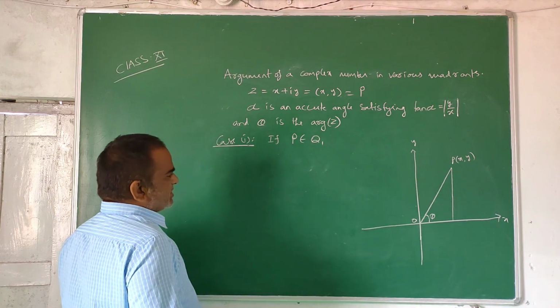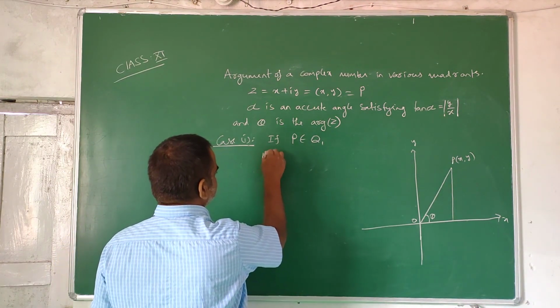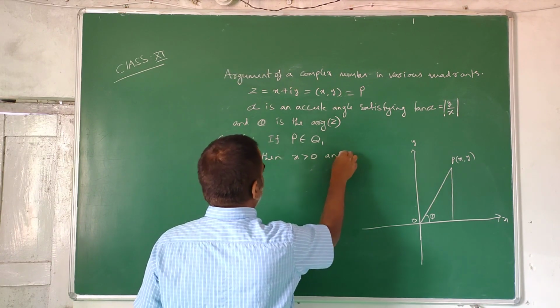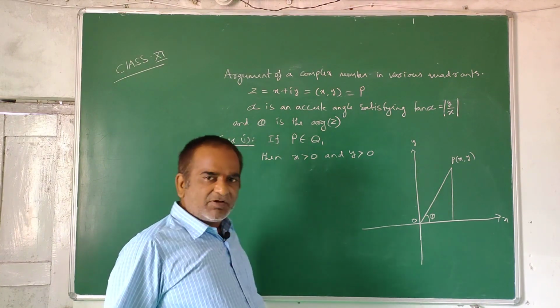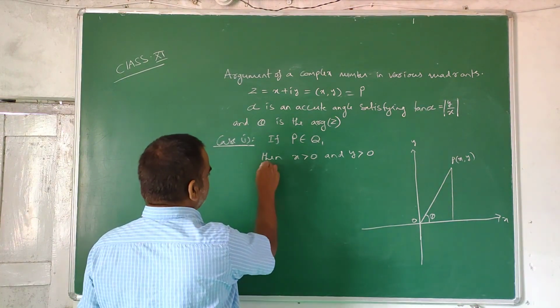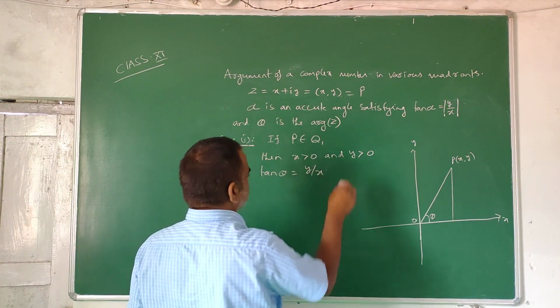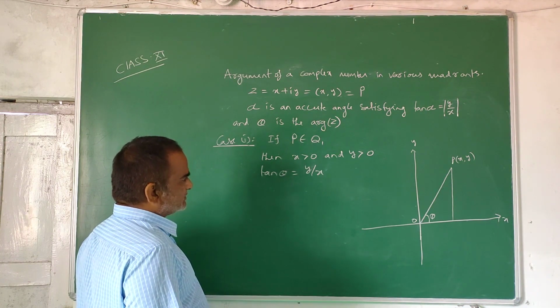Then obviously x is greater than 0 and y is greater than 0. Then tan theta is equal to y by x.